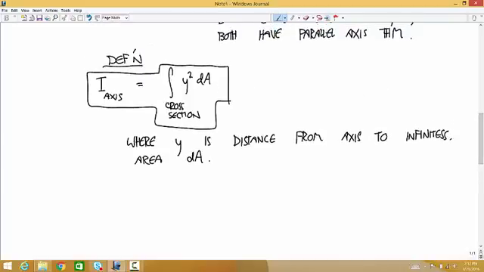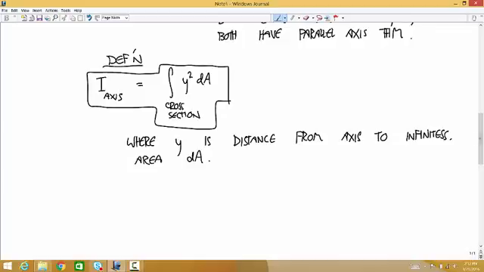This isn't really limits, it's just saying you have to integrate over the entire cross-sectional shape. You can do that a bunch of different ways. You could do it as a double integral, or you could figure out some clever system where you're doing it as a single integral. But either way, you just have to integrate over the whole cross-section.